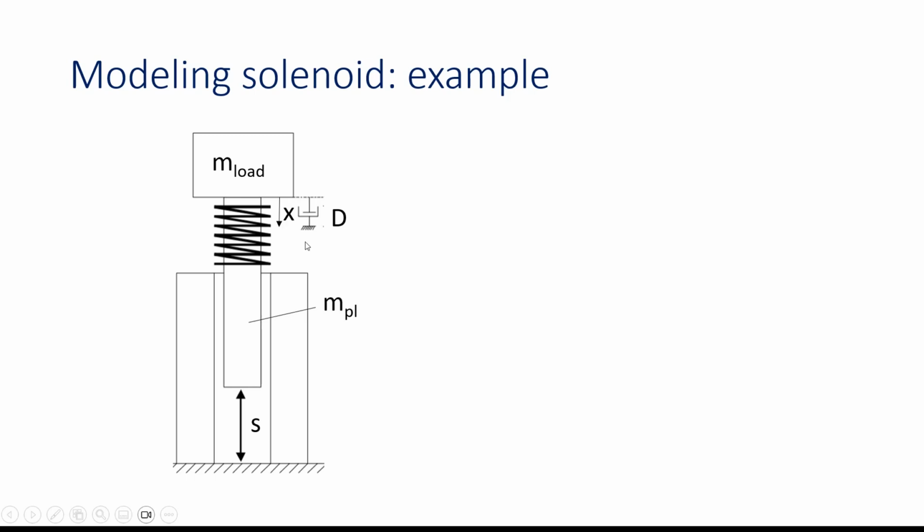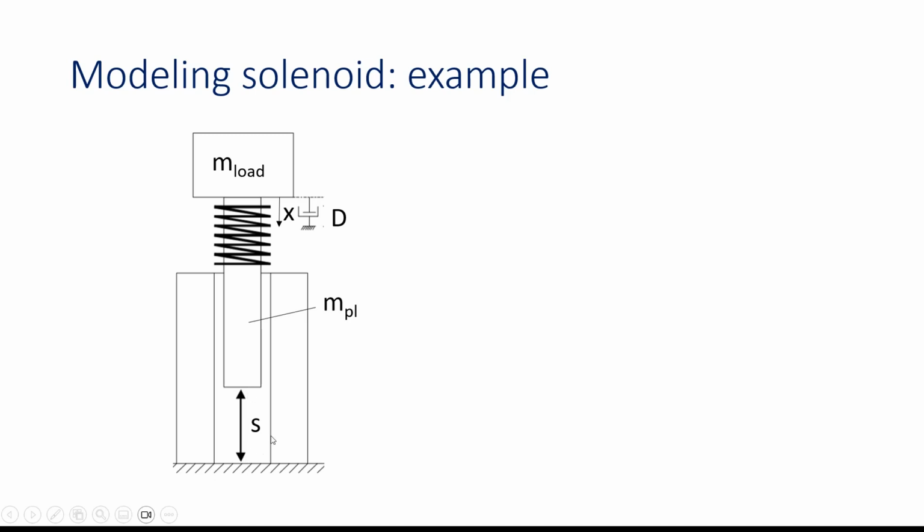Also, often you see a damper in a solenoid, the damper D over here, which is in many situations added to minimize the audible noise when the plunger hits the end stop, so to get rid of that click noise when the stroke becomes 0.